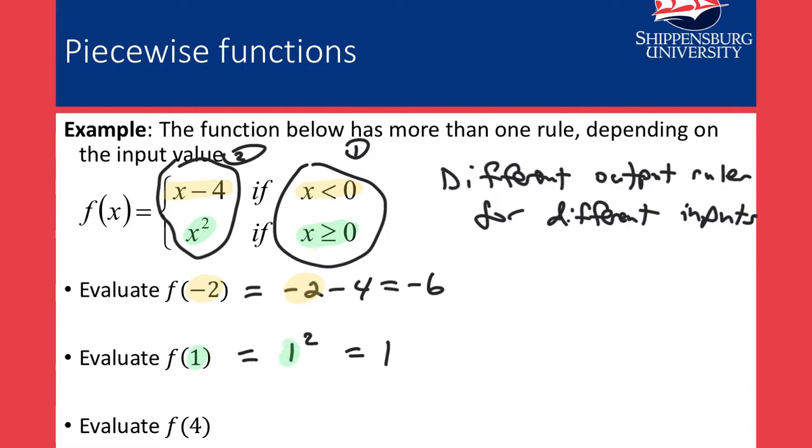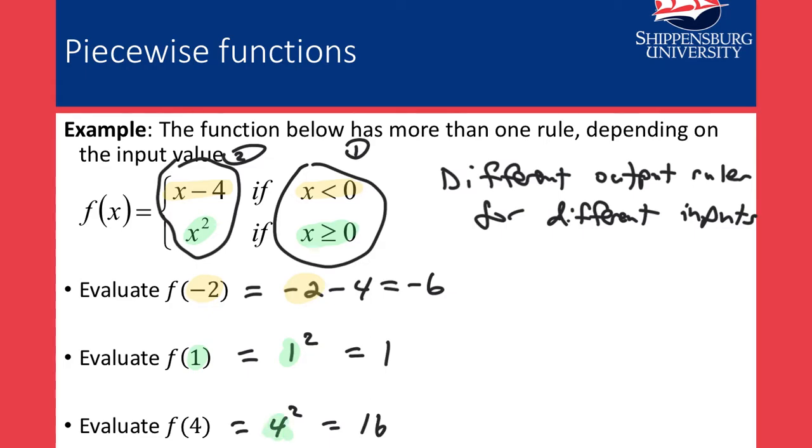And then finally, f of 4 also satisfies the second condition. 4 is greater than or equal to 0, so f of 4 would use the formula x squared instead of the other formula.